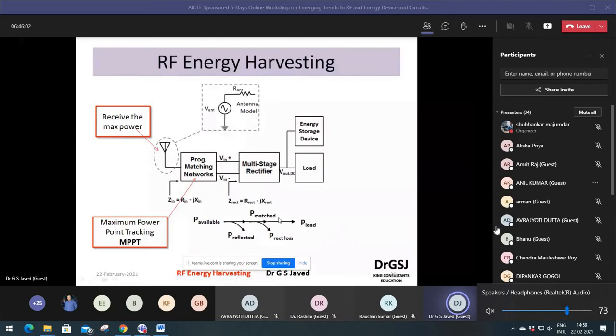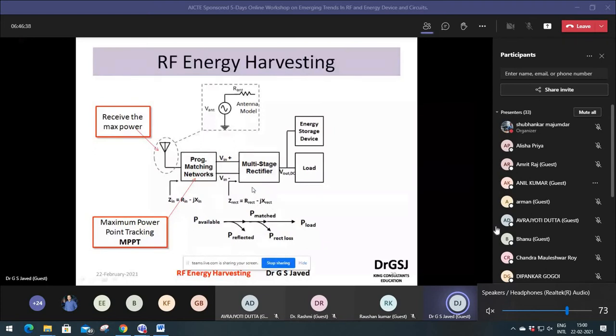So this energy harvesting can be done assuming that the impedance at the input of the matching network is given as Zin equal to Rin plus jXin, where Zin is the impedance, Rin is the resistance, and Xin is the reactance. Our aim is to reduce this Xin to 0. Now this can be further sent into the rectifier, and the rectifier's effective impedance can be looked at: resistance minus jX, the reactance value.